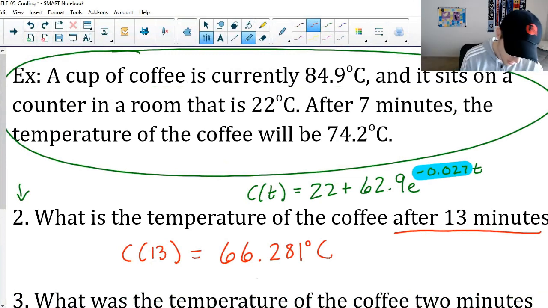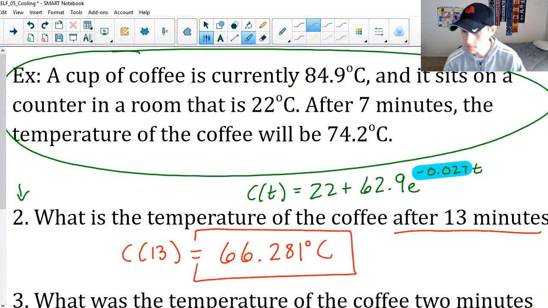Right, which I believe should be this. Right, so all we did was just plug in 13 for t.